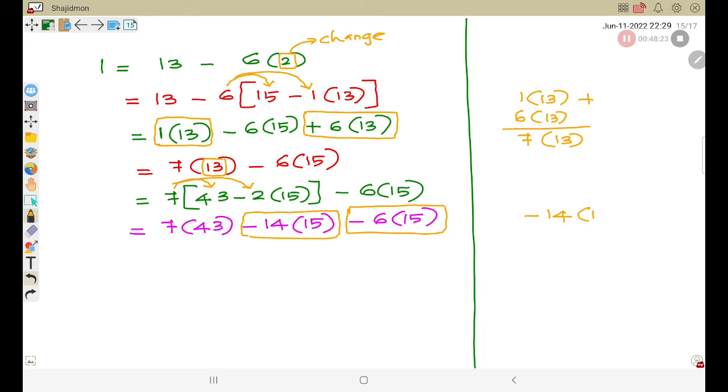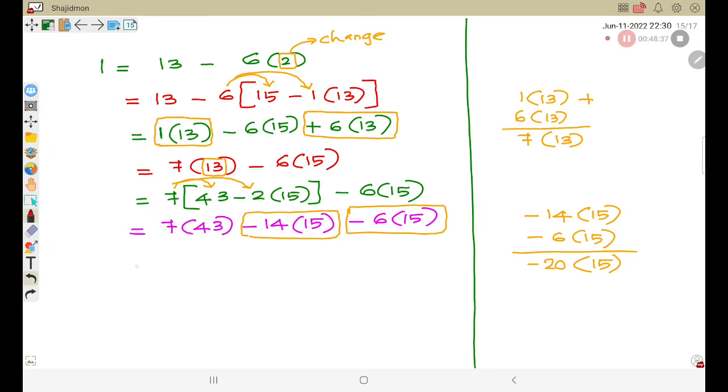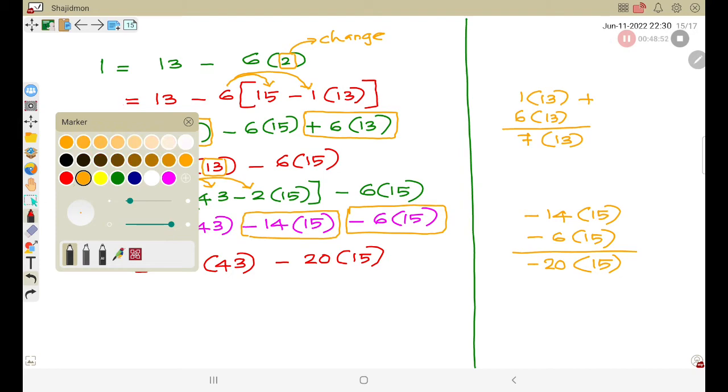So when we are adding, 15 same, minus 14 minus 6 means minus 20. Okay, so we can write the last step: equals 7 multiply 43 same, minus 20 multiply 15, correct?